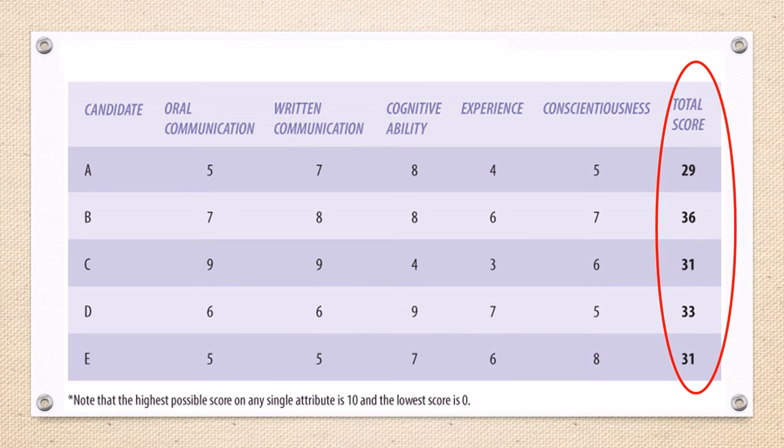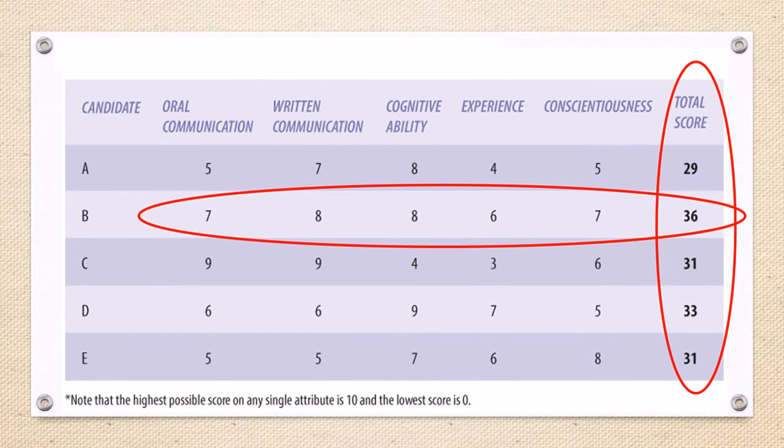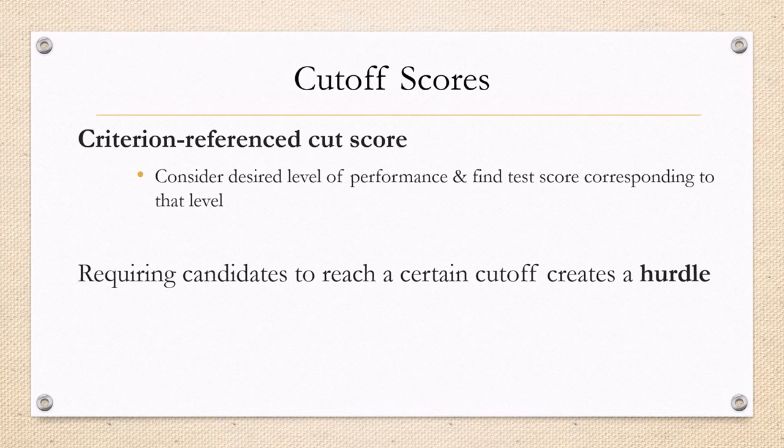Say if we feel it's twice as important as everything else, we could make that score 2 times the score that the individuals received in order to total them up. So candidate B here has the highest total score. Yet if you look at it, there is not one individual item that is higher than other candidates.